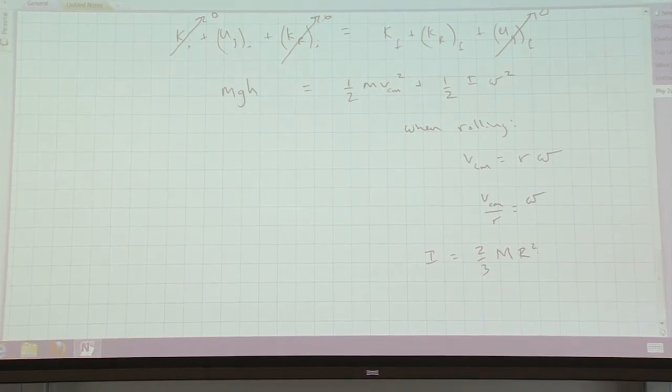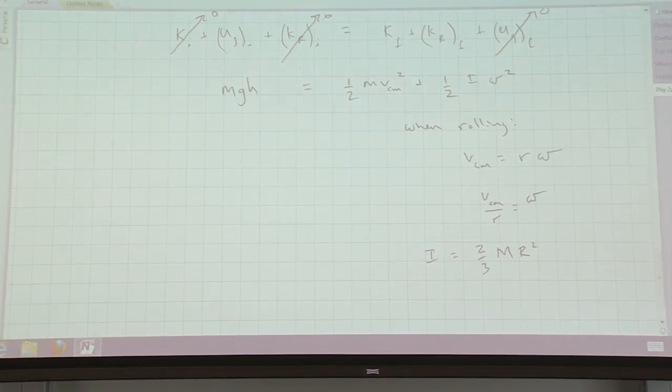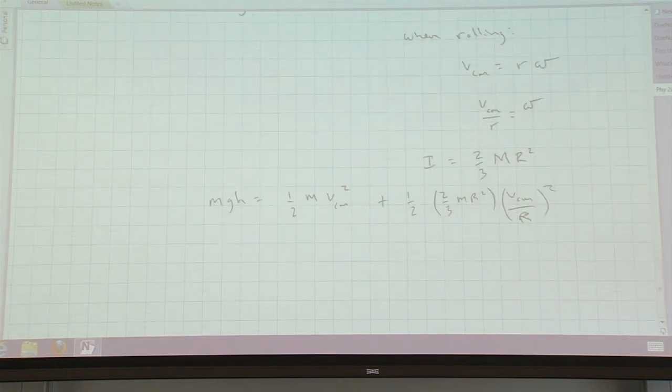So let's make those substitutions. We've got an mgh here. We've got a 1/2 m times the velocity of the center of mass squared. We've got a 1/2 I. I is 2/3 m r squared. And we've got an omega squared, which is going to be v center of mass over r, squared. So the r squareds cancel. It looks like all my m's cancel. And what do I have?